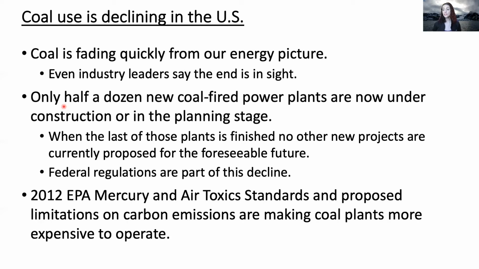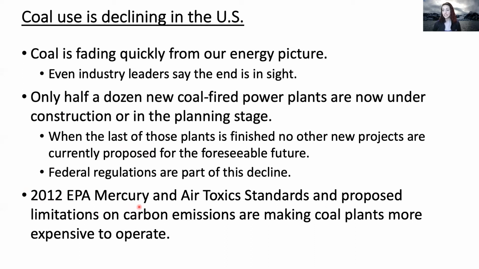In 2012, the EPA mercury and air toxic standards proposed limitations on carbon emissions, making coal plants even more expensive to operate. So not only is it inefficient to burn this coal compared to other sources like natural gas or oil, but these regulations, including the 2012 EPA mercury regulation, actually made it more expensive for these coal-fired plants to operate.